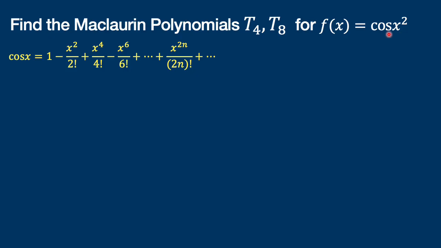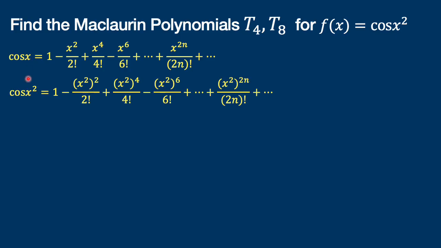So we are looking for a Maclaurin series for cosine x squared. x is replaced by x squared. So cosine x squared is 1 minus (x squared) squared plus (x squared) to the 4th power, (x squared) to the 6th, and so on.